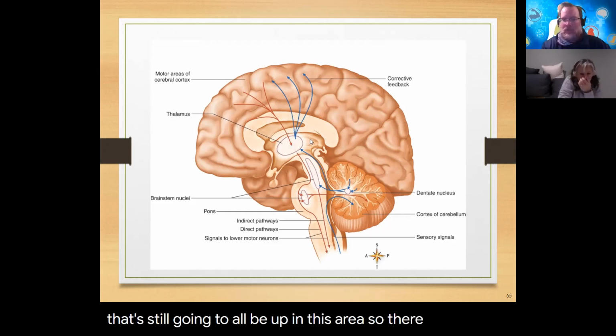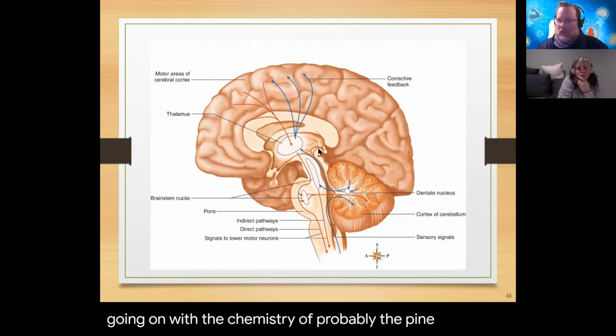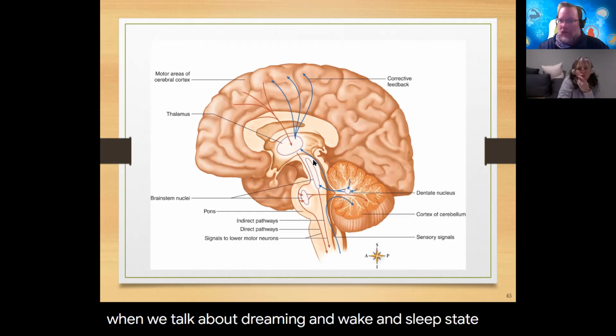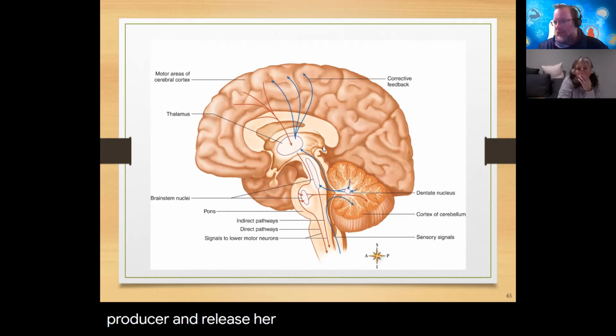So there's something going on with the chemistry of probably the pineal gland, which is where a lot of the research goes when we talk about dreaming and wake and sleep states and consciousness. Remember, the pineal is that melatonin producer and releaser.